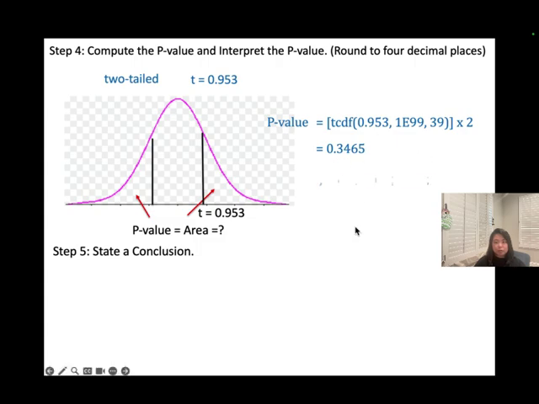Compared with this value, that will be greater than. So fail to reject. And when you try to write down the conclusion, fail to reject means we do not have sufficient evidence to conclude the claim, and then write the alternate hypothesis.